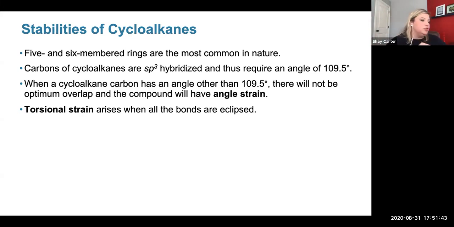And then angle strain arises in cases such as cyclopropane, let me show you, where we have bond angles that are greatly smaller, okay? It's even bending my model set to try to get it into this conformation. So these bond angles here are much, much smaller than 109.5.